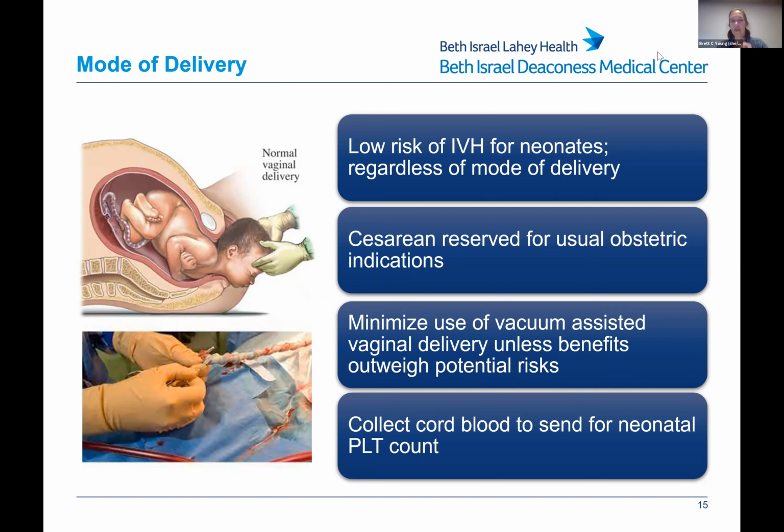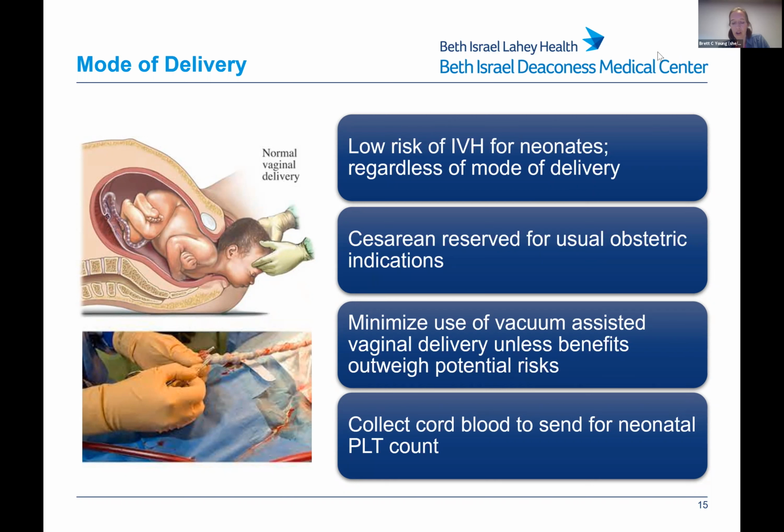However, sometimes we are left with a scenario of a patient pushing for a while with ITP. And I think this is a nuanced point: we can potentially have an operative assisted vaginal delivery if the benefits outweigh potential risks. There are small theoretical concerns that using a vacuum or possibly forceps may increase the likelihood of intraventricular hemorrhage in the setting of a fetus that we may not know will have thrombocytopenia.